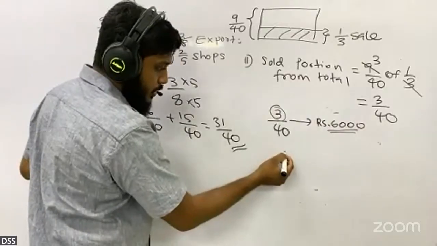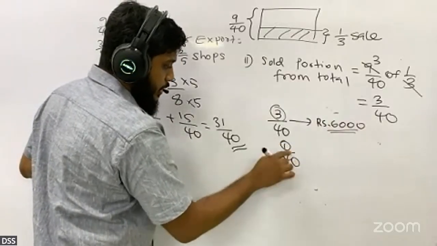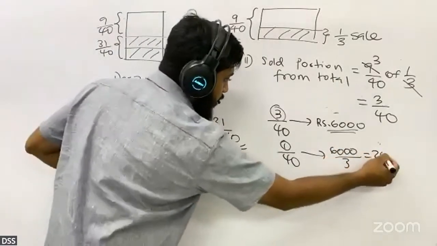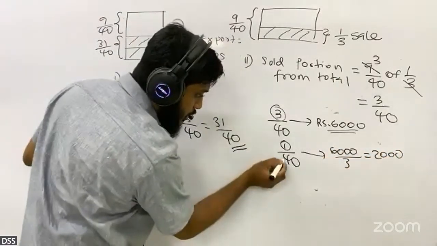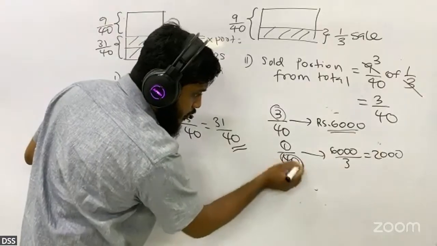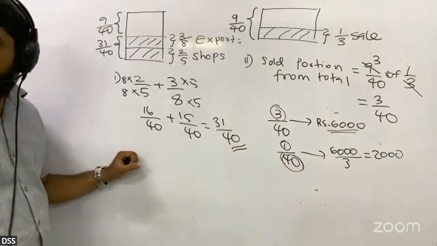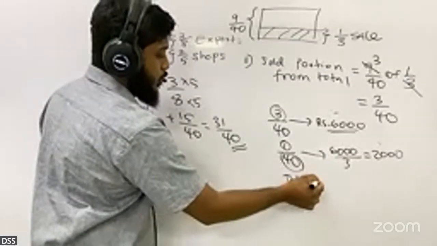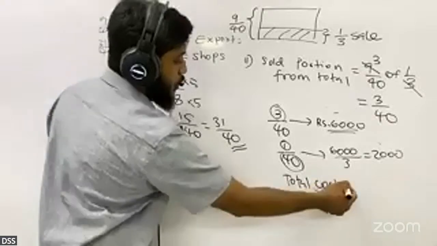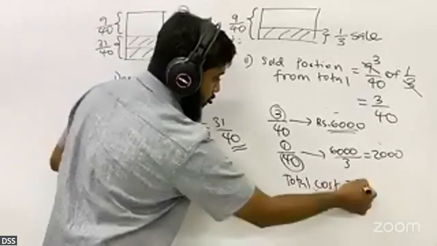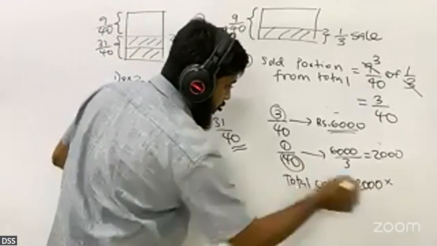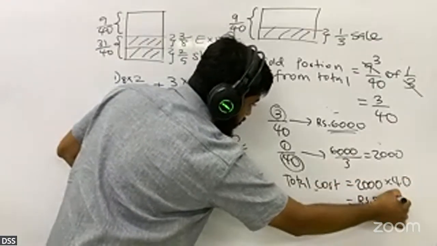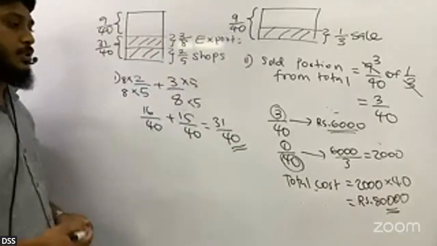Then one portion is how much? 6,000 divided by 3 is 2,000. So what is the total portion of the cosmetics? 40 parts are the total parts. Total cost of the cosmetics: this one part is 2,000, so for 40 parts you get rupees 80,000. Alright, you get 80,000.